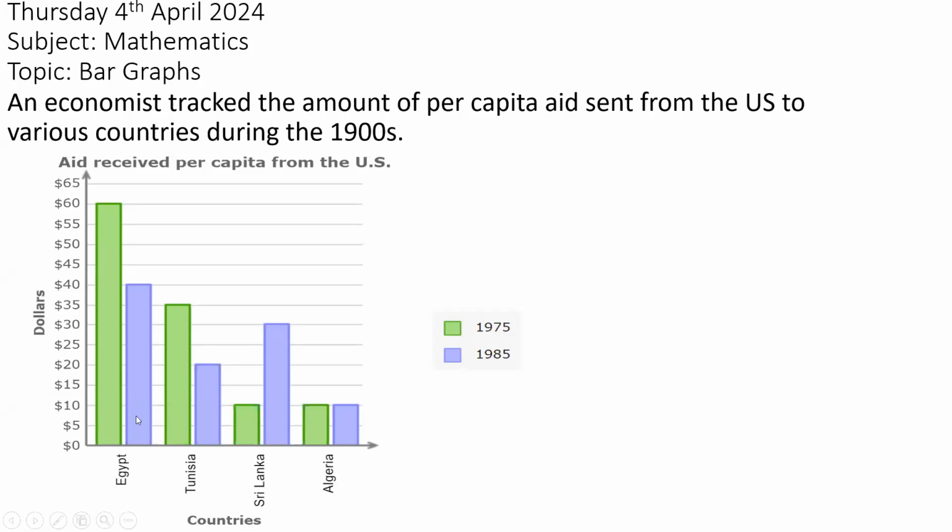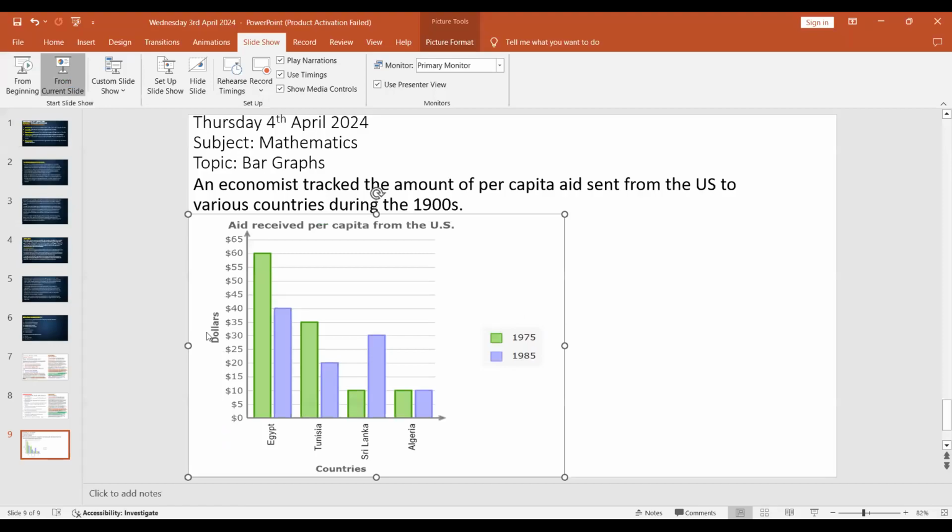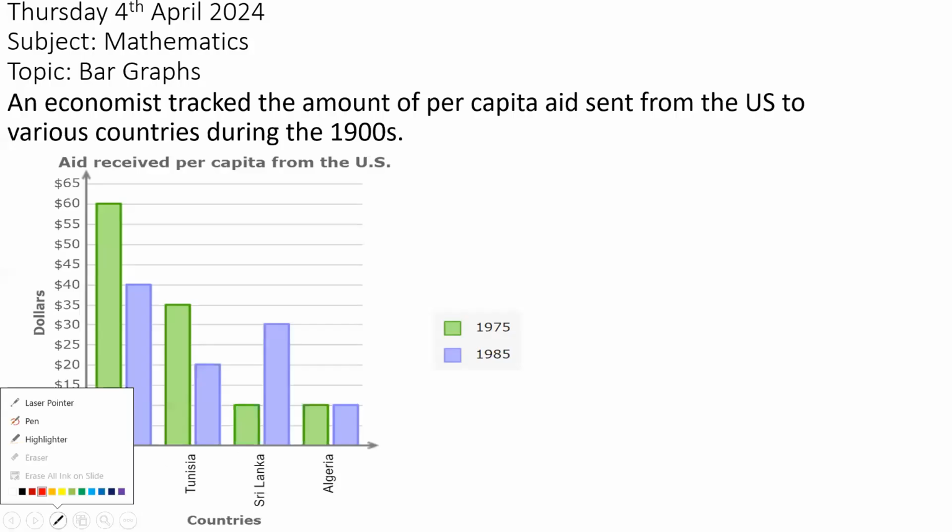And for Egypt, one thing about this one is that it's like two bar graphs in one. The green one shows how much money was received from the United States of America. So it's very interesting because usually we would have bar graphs that only have one, but this one actually has two.